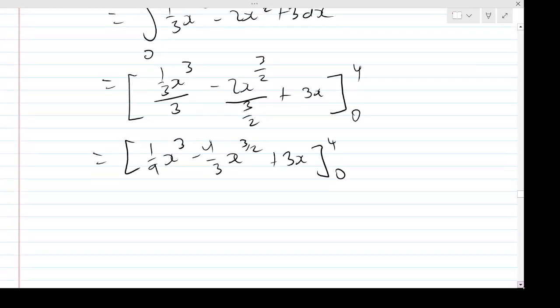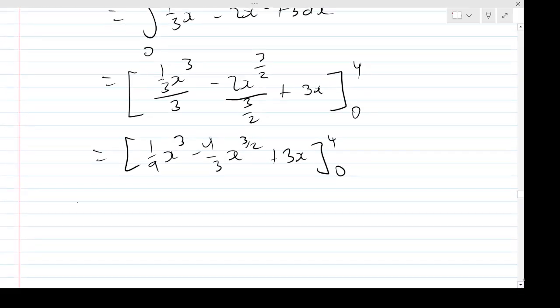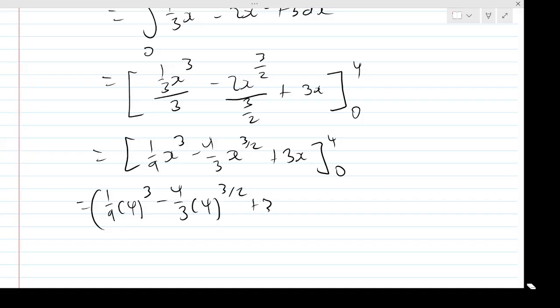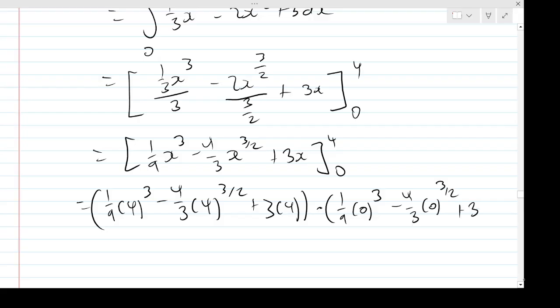So if we plug in 4, we get a ninth of 4 cubed, take away 4/3 of 4 to the 3 over 2, add 3 lots of 4. Then I'm going to plug in 0, so a ninth of 0 cubed, minus 4/3 of 0 to the 3 over 2, add 3 lots of 0.